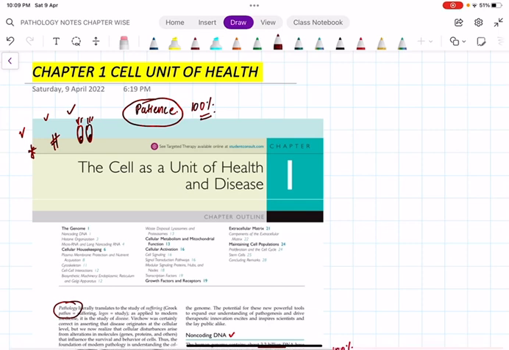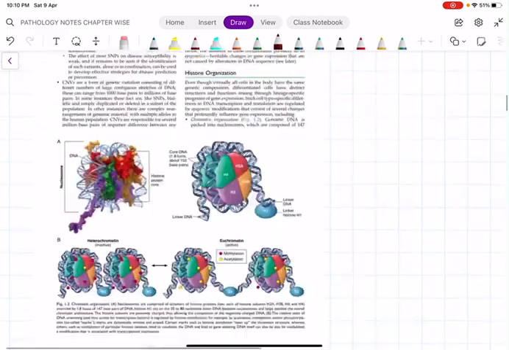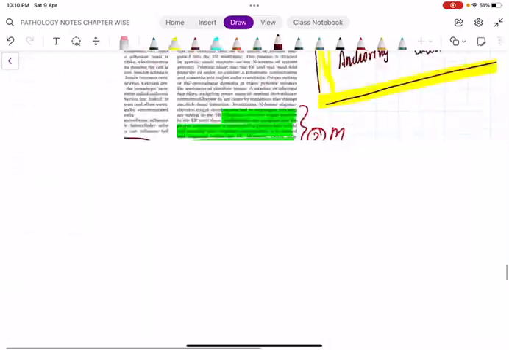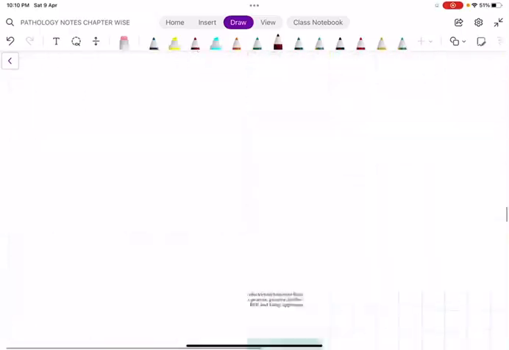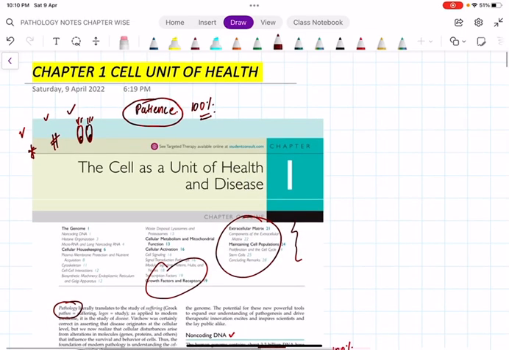In the next part, we will be discussing a very important thing: cell signaling pathways, transduction pathways, growth factors and receptors, stem cells, all those things. The rest we will discuss in part 2 of the cell, the unit of health. So with this we can finish up part 1 of chapter 1. Thank you.